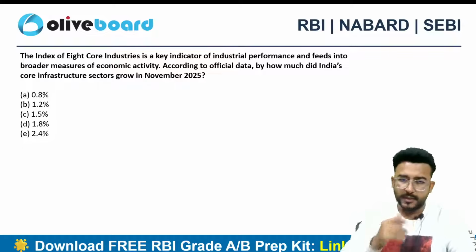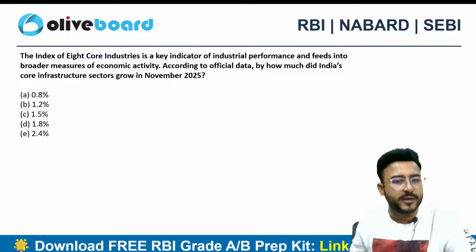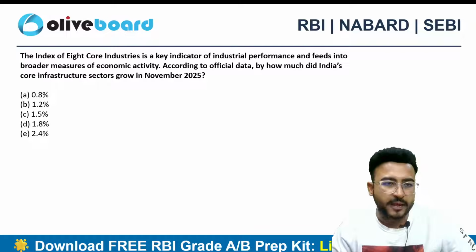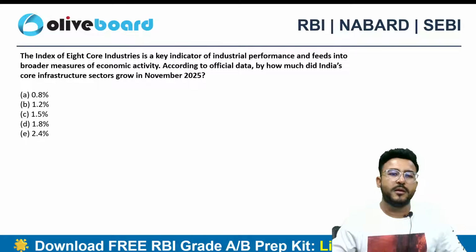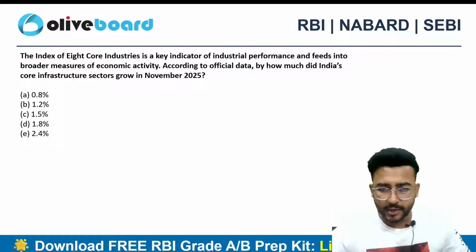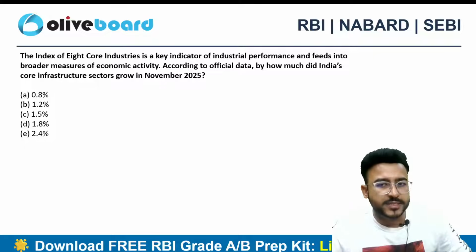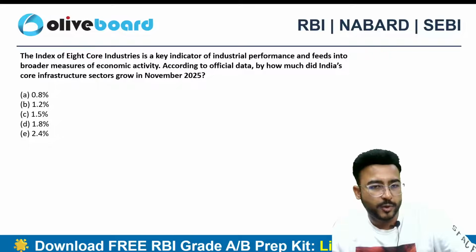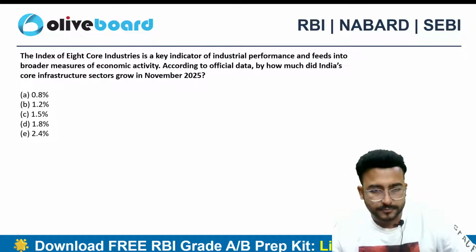Next one. The index of 8 core industries is a key indicator of industrial performance and feeds into the broader measures of economic activity. According to the official data, how much did India's core infrastructure sector grow in November 2025?